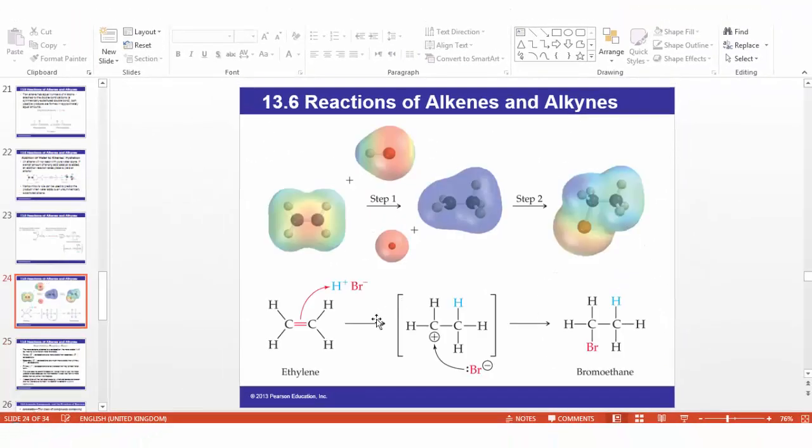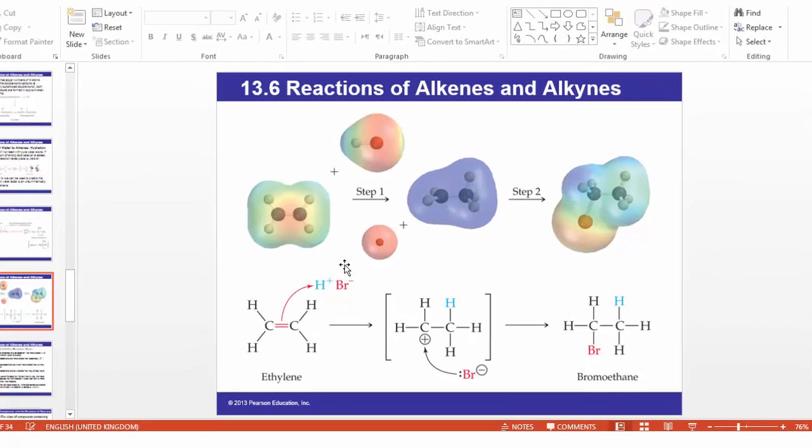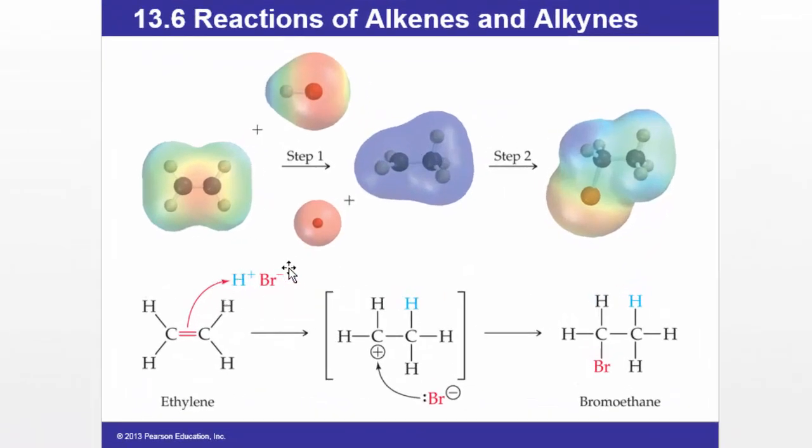And this is the mechanism of the reaction. Now again in step 1, HBr dissociates into H plus and Br minus. Then the double bond, which is a nucleophile, attacks and abstracts this electrophile, and you form this compound.